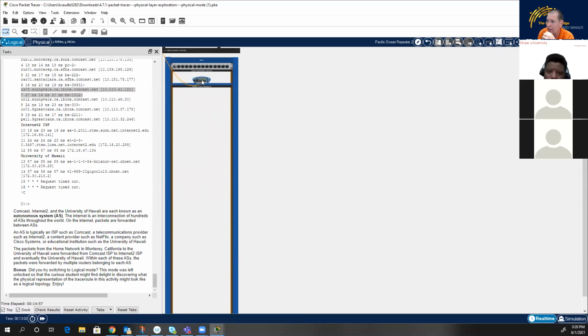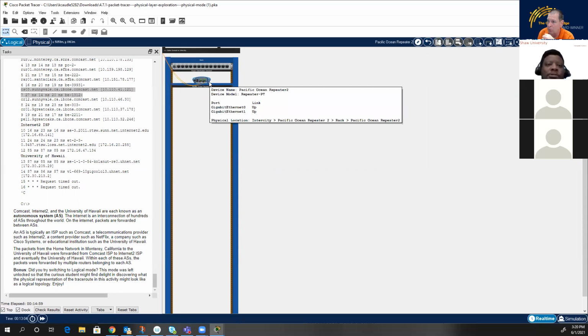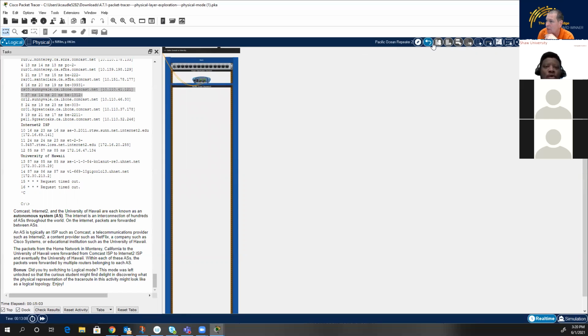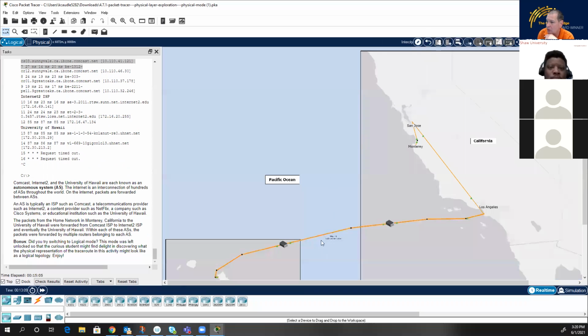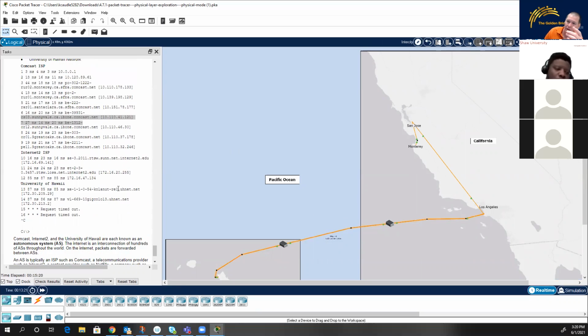They put out here in the middle of the ocean a repeater, because in Packet Tracer the fiber wouldn't run far enough to get across the ocean. So they put 2 little repeaters in here, and they actually do occasionally have repeaters on underwater cables. So that's the bigger thing for you to get out of this.